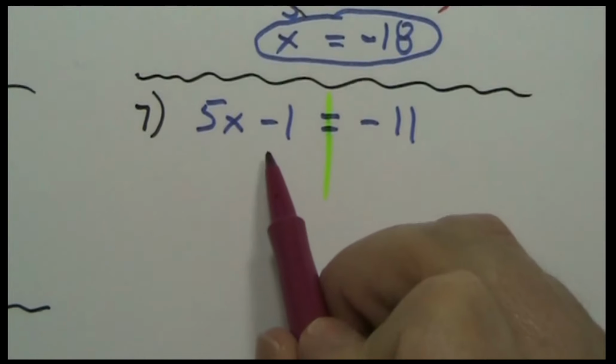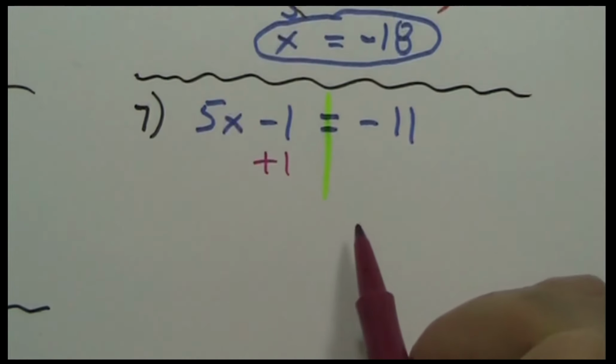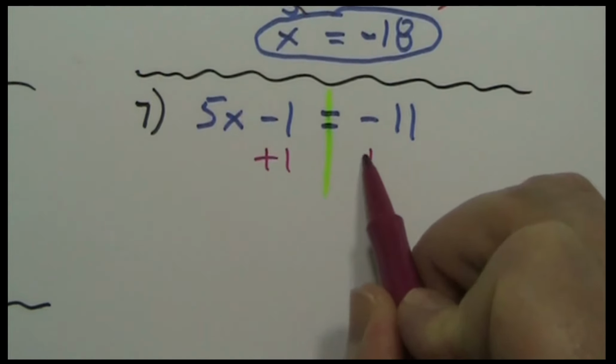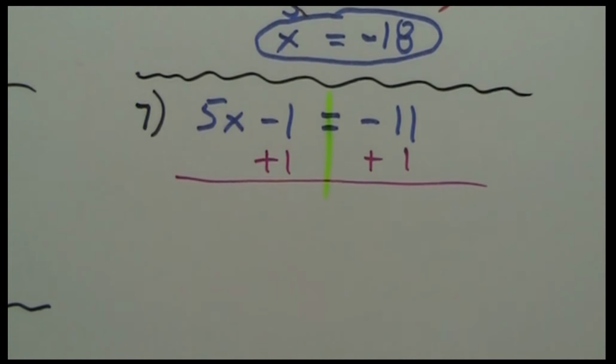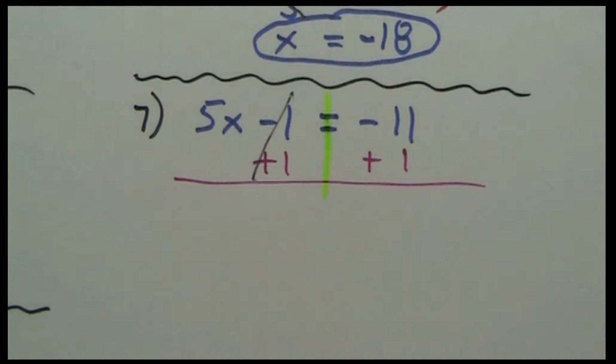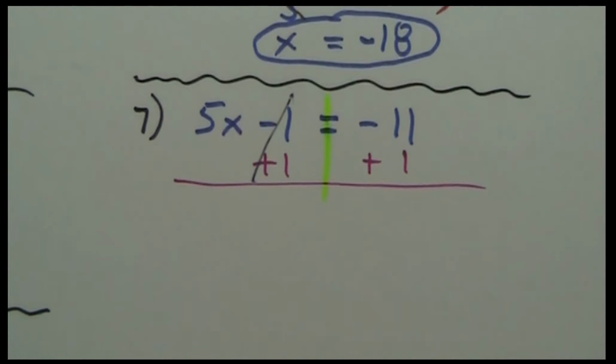That's the -1, so I'll add 1. Both sides. Let's see, this becomes 0. And you're just left with 5x.